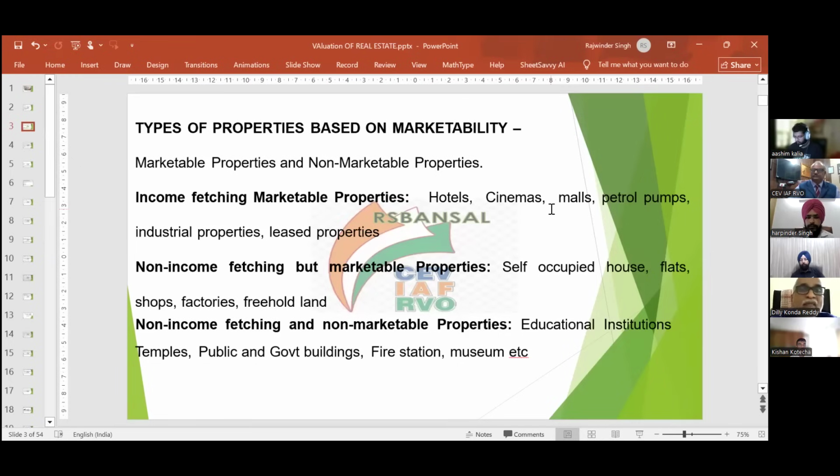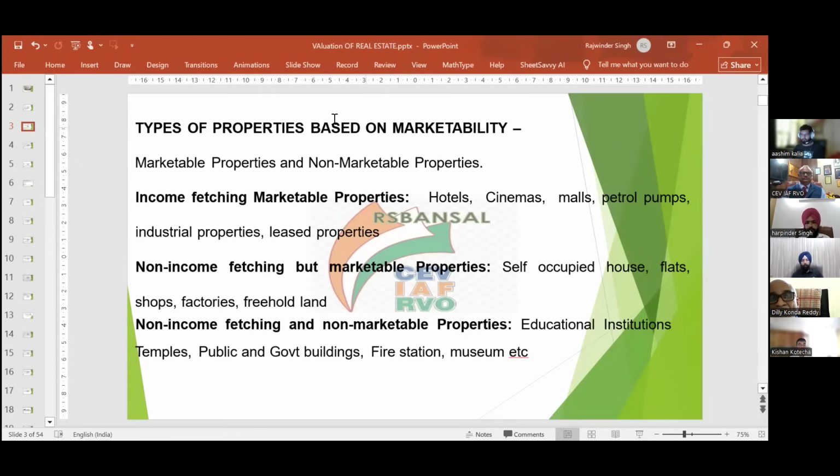So first, now these things are not in your syllabus. As we have told you, different types of property based upon marketability. We will discuss first of all these things: marketable properties and non-marketable properties. So the first type of property is income fetching marketable properties.